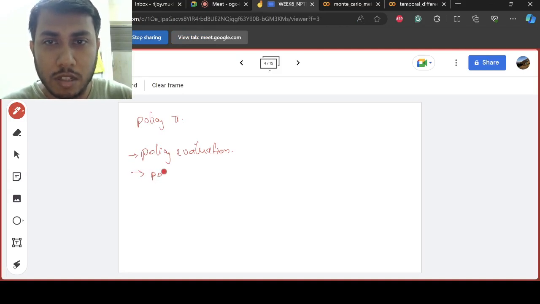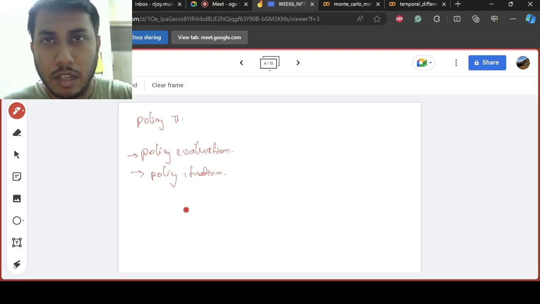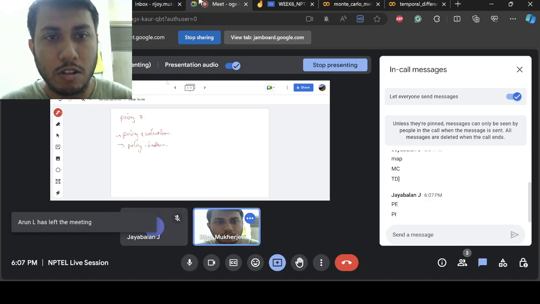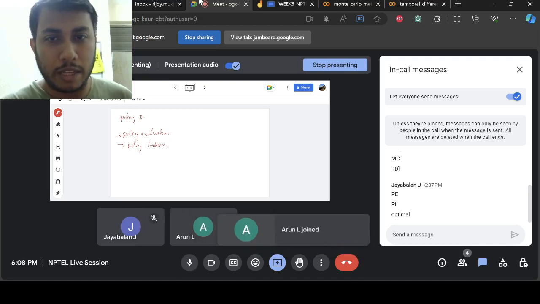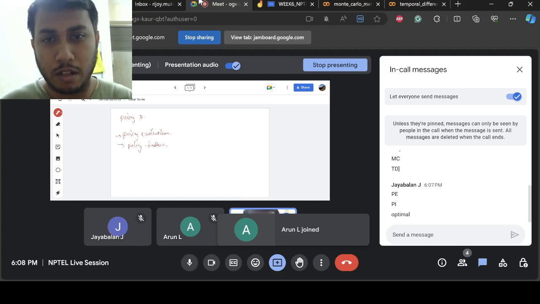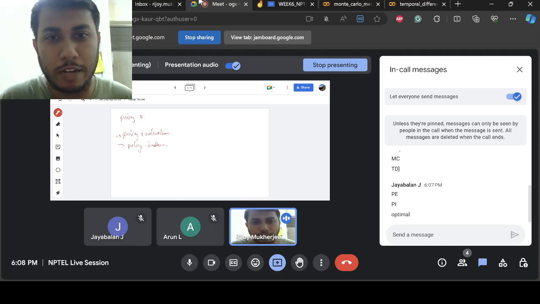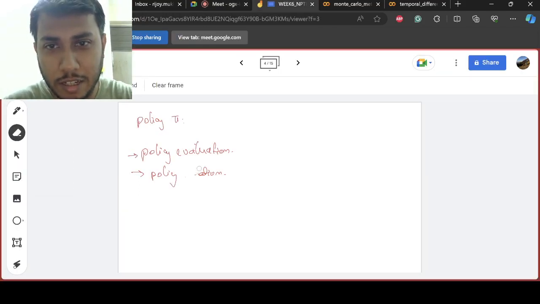Then you have policy iteration. Policy iteration extracts the best policy from the policy you have; it is used to improve your policy. Policy iteration, or policy improvement.